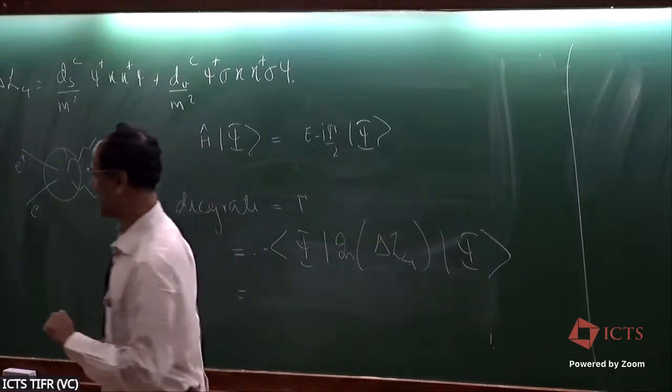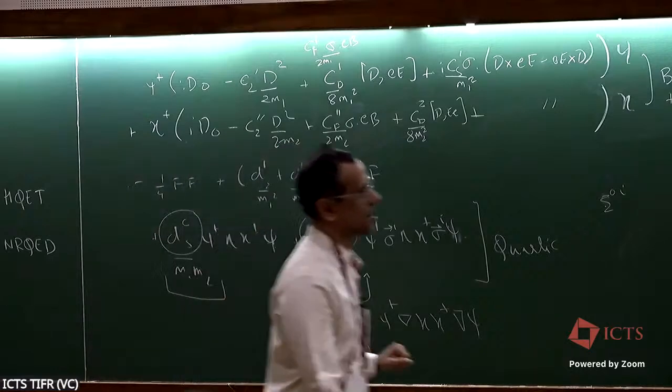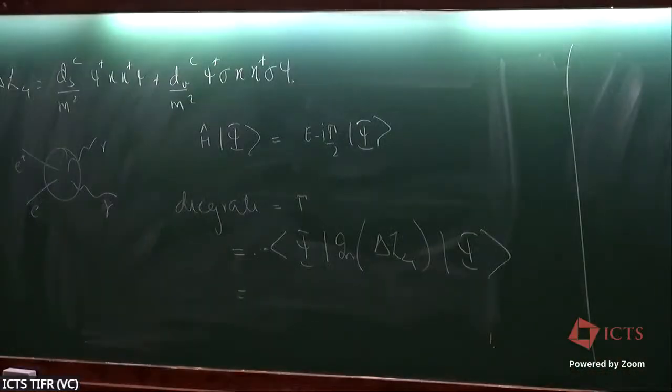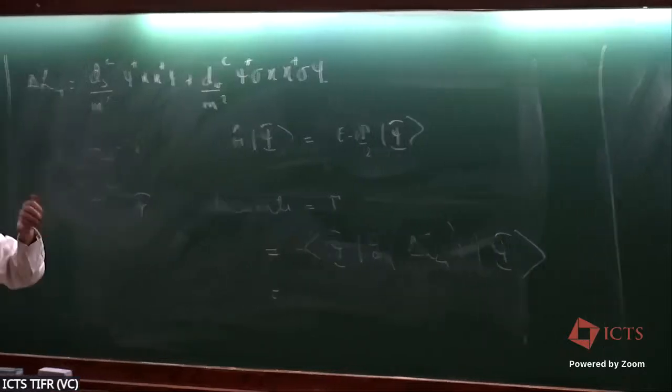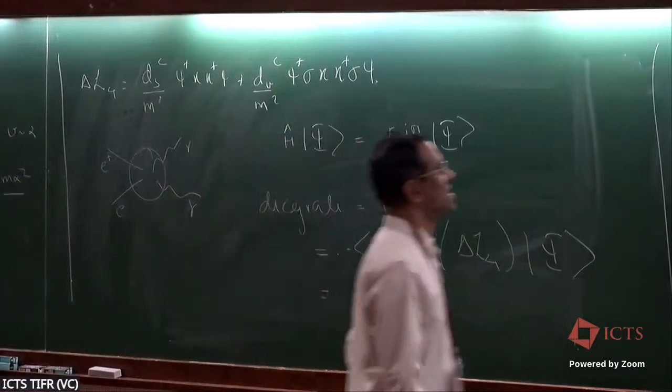Suppose I know that these are complex. That means my Lagrangian has these complex parameters. Given that, can I calculate the decay rate of a physical system? So what sort of physical system?